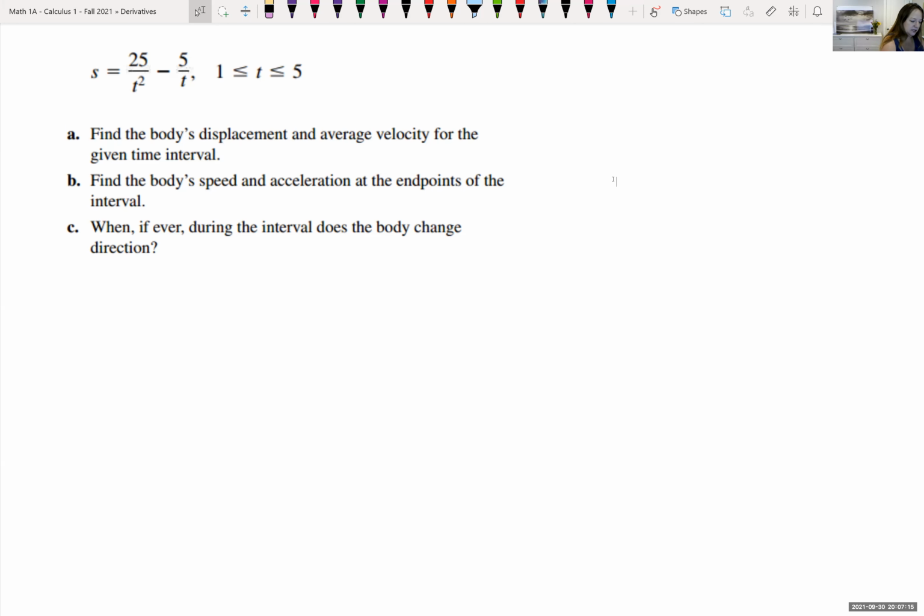And so if we look at s of 1, plugging in 1 wherever we see a t, we would get 25 all over 1 squared minus 5 all over 1. If we simplify that, we get 25 over 1 minus 5 over 1. So we get 25 minus 5, which is 20.